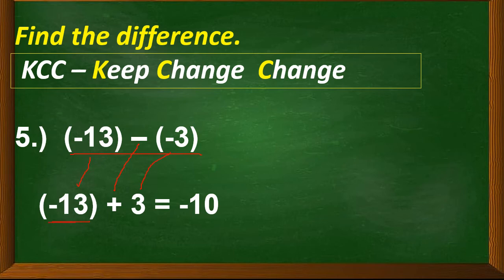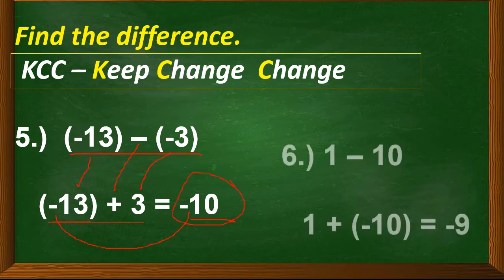And here we have to apply the rule in addition. Negative 13 plus 3, unlike signs, subtract. So 13 minus 3 is 10. Copy the sign of negative 13 because negative 13 has greater absolute value than 3. That is why our answer is negative 10.